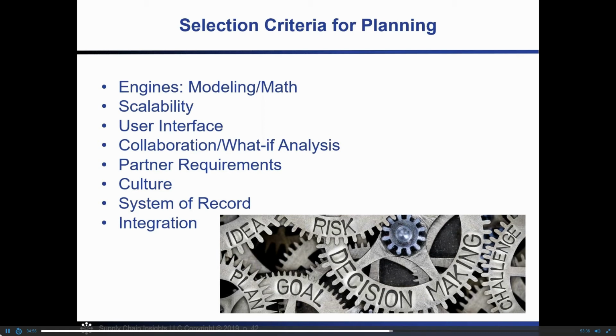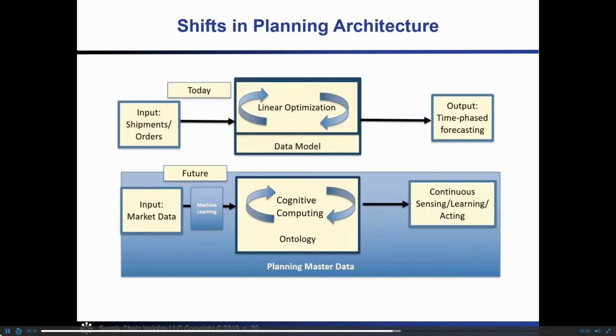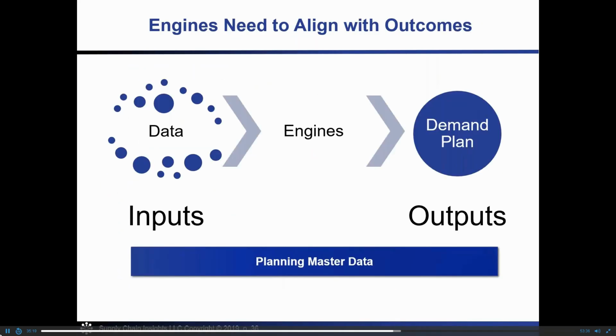But we have to start with the modeling. We have to start with the math. We have to ask ourselves, what system will drive the best answer based upon the characteristics of my demand patterns? What data should I use to drive the best answer? What do I need to do in terms of master data to be able to drive the best answer, to drive the best plan?